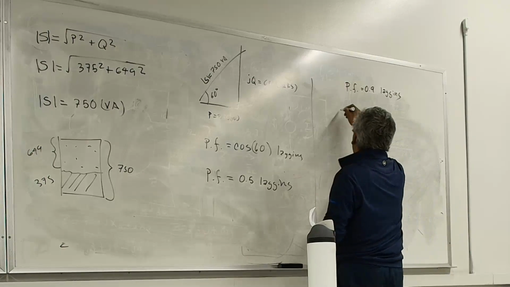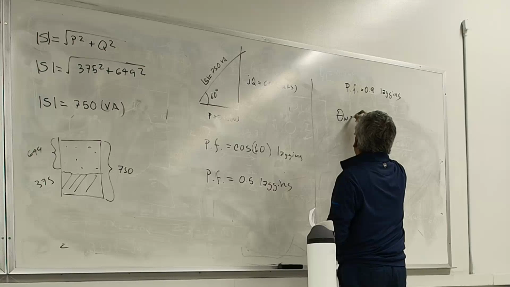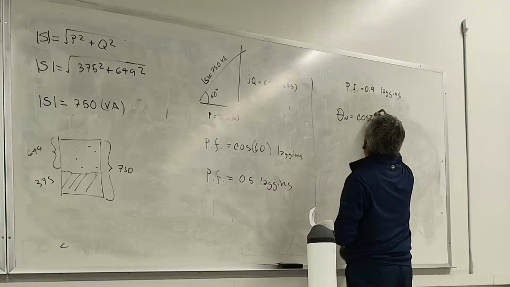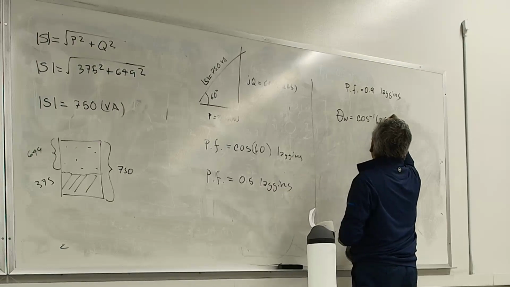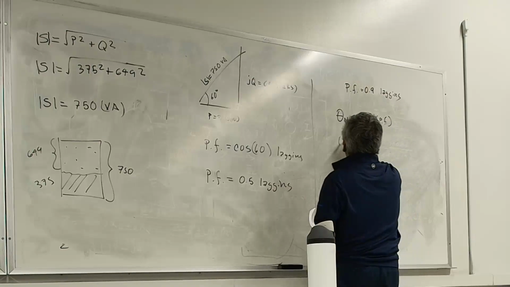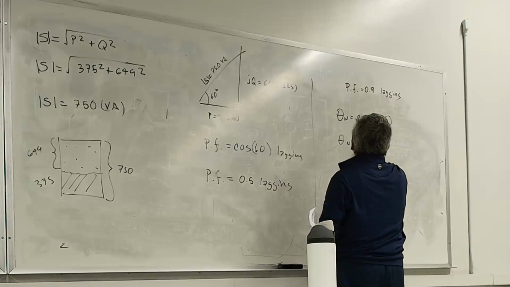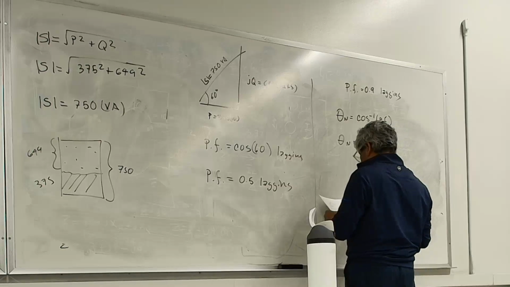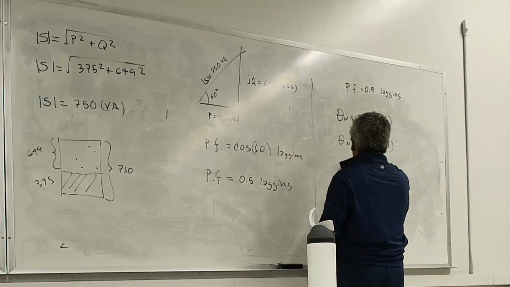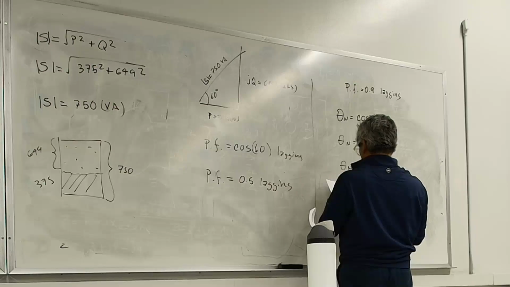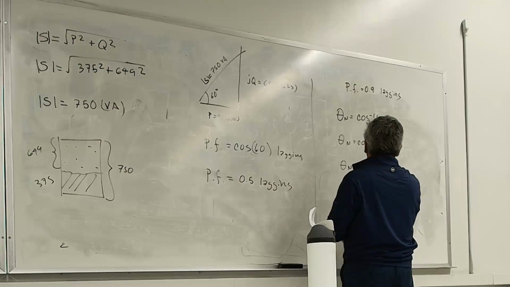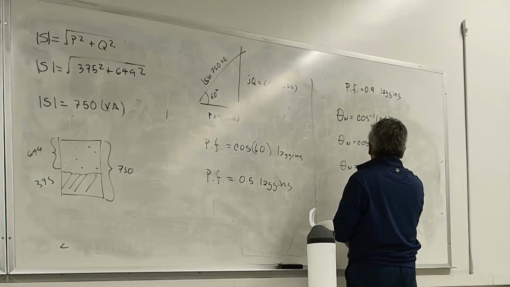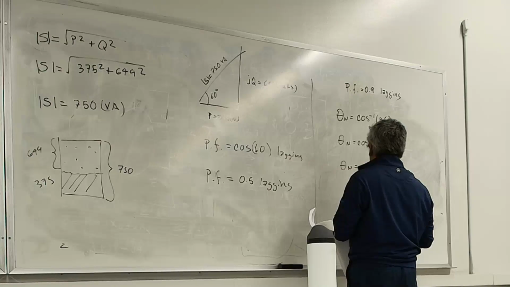Well, we need to find a new angle, theta new, equal to the cosine inverse of the power factor. So theta new is equal to the cosine inverse of 0.9, and that gives us theta new equal to 25.84.